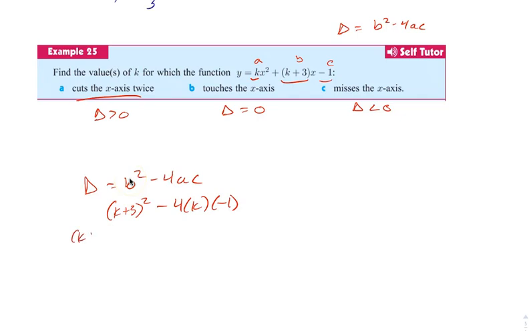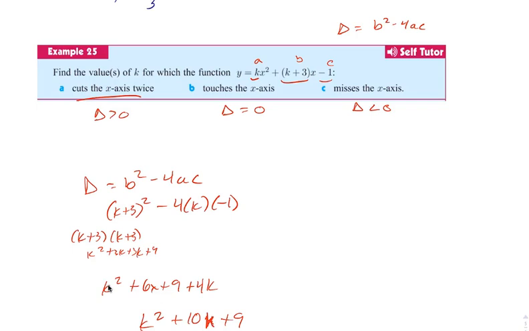It's k plus 3 times k plus 3, which gets you k squared plus 3k plus 3k, that's 6k, plus 9. So k squared plus 6k plus 9. Negative 4 times negative 1 is 4, times k is 4k, so plus 4k. Simplify a little bit, I get k squared plus 10k plus 9. It's a k, not x.